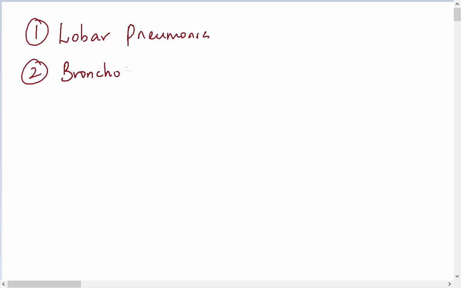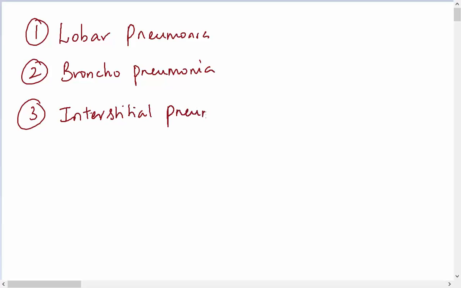So far we discussed lobar pneumonia, second one broncho, third one is interstitial pneumonia.